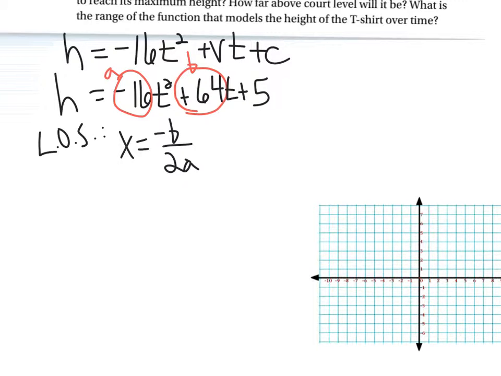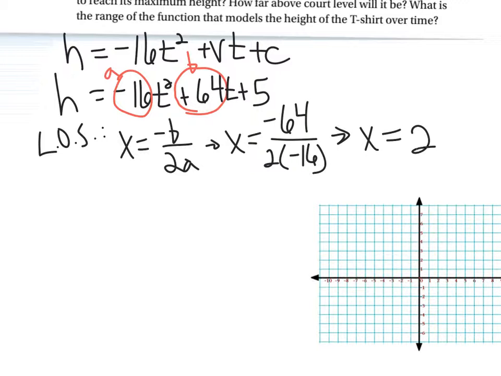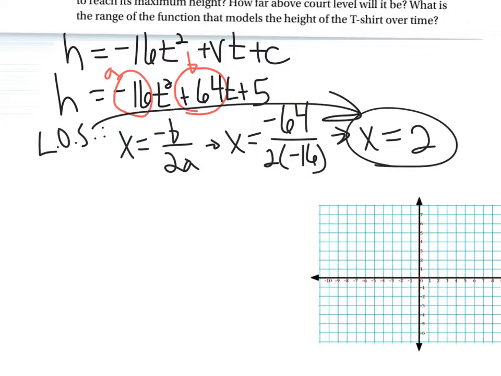I really encourage you, I know you know A comes before B, but if you circle those and put the letters next to them, there's less chance of making a mistake when you substitute these in. When you simplify this, you'll get x equals 2. So x equals 2 is going to be our line of symmetry.